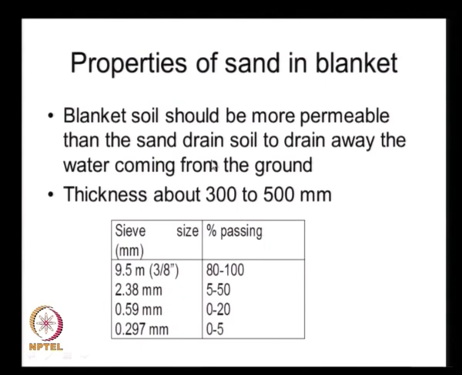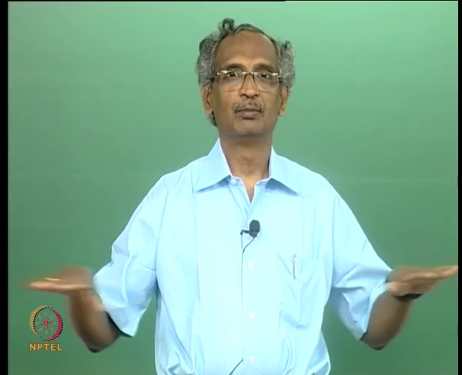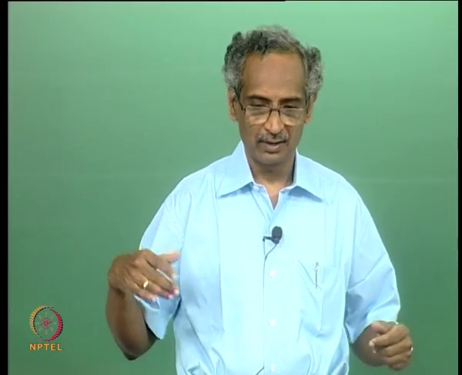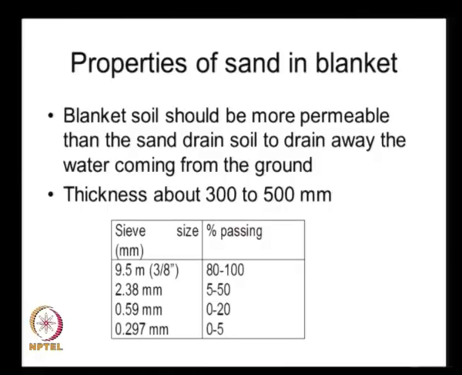As the water comes up through the sand drains, it should be able to flow away from the construction site, otherwise it will percolate down into the ground. For that reason the blanket soil should be more permeable than the sand drain soil to drain away the water coming from the ground. We need to design the thickness so that there is an adequate flow path for the amount of water that is coming out.